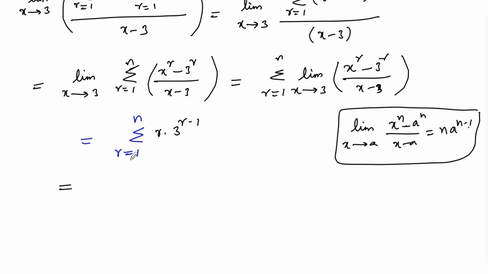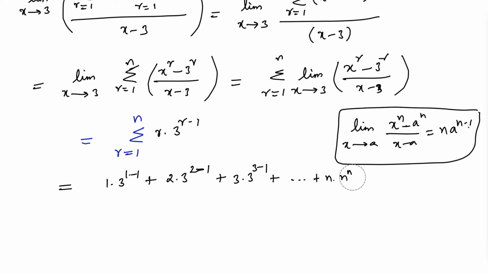So by expanding from r equals 1 to n, we can write it as 1 into 3 to the power of 1 minus 1, plus 2 into 3 to the power of 2 minus 1, plus 3 into 3 to the power of 3 minus 1, and so on, n into 3 to the power of n minus 1.